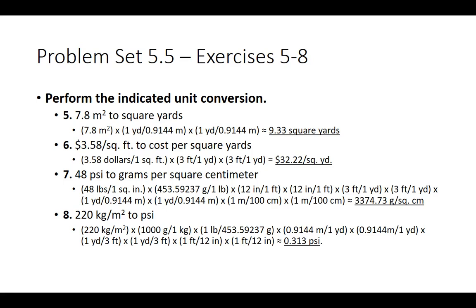We keep dollars on top. So the math, 3.58 divided by 1 times 3 divided by 1 times 3 divided by 1 gives us 32.22. So $32.22 per square yard.